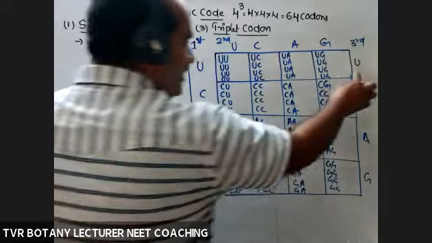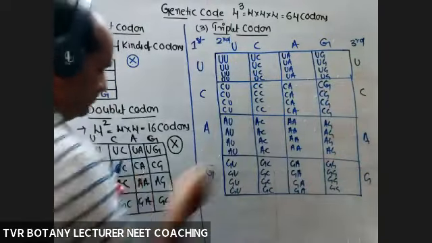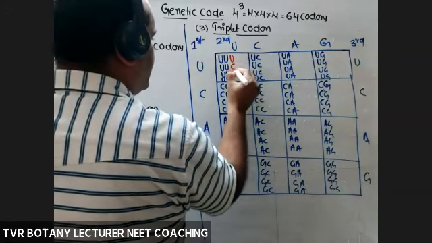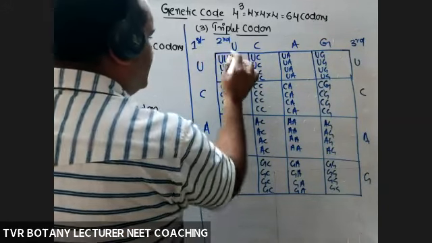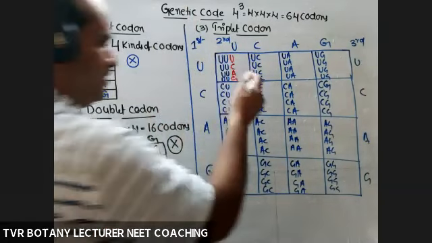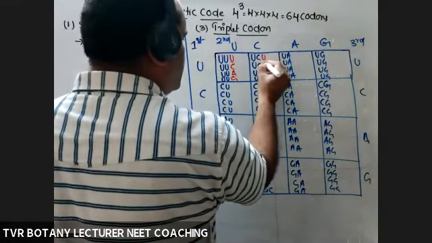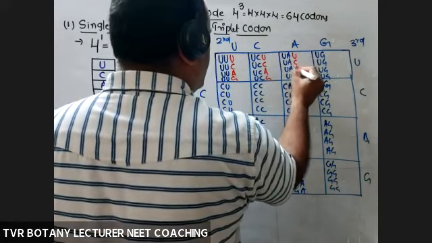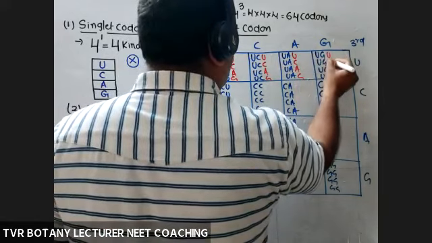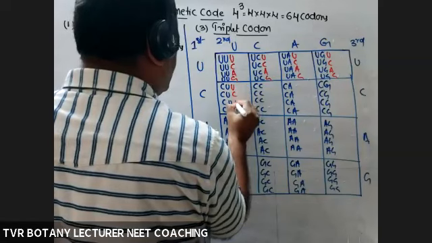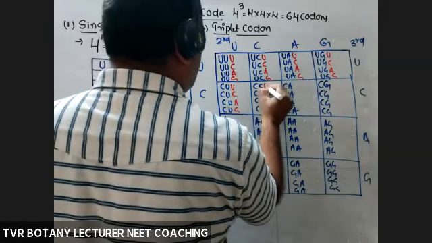Simply take UCAG in the third position in all. UCAG. So now how many kinds of codons here? 4 kinds of codons. Continue it. UCAG, UCAG.